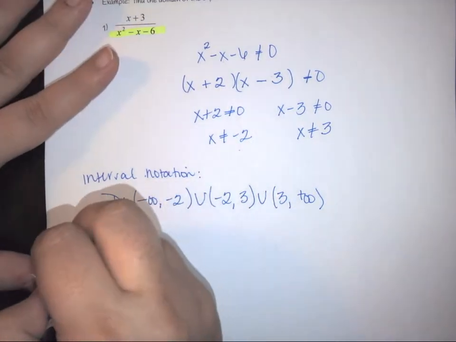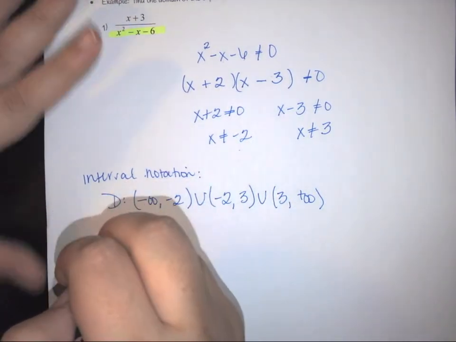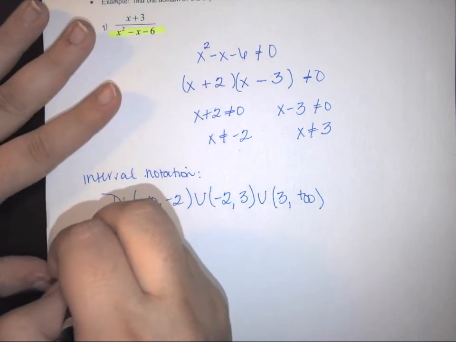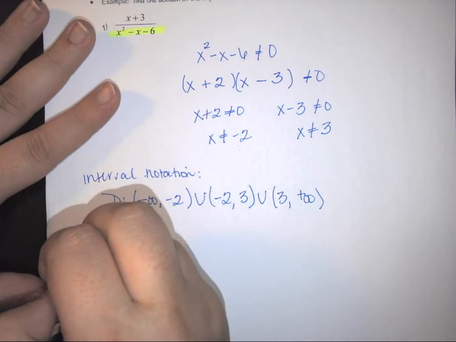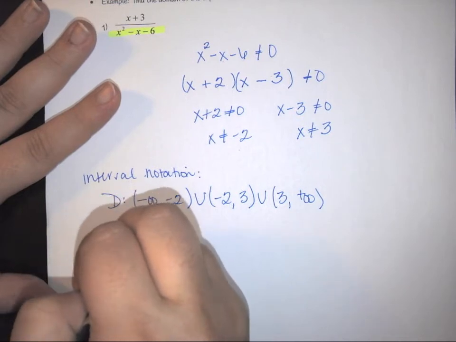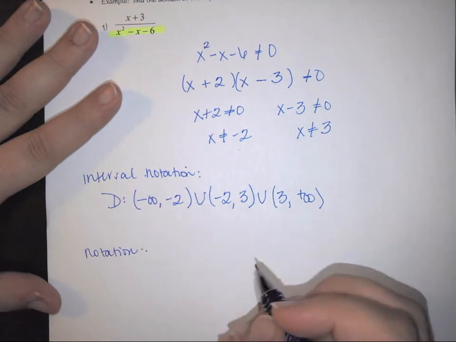The other way that you could write this is in what's called set-builder notation.